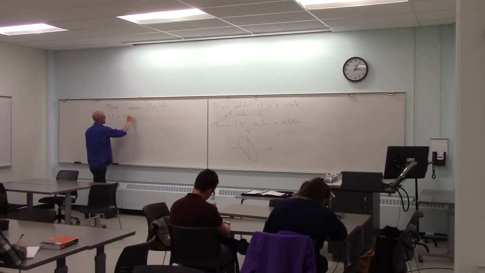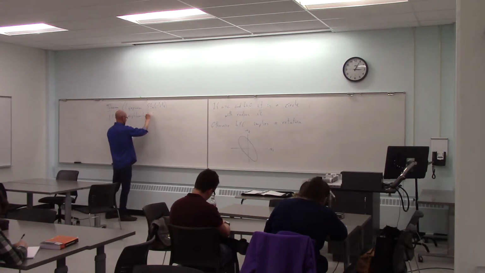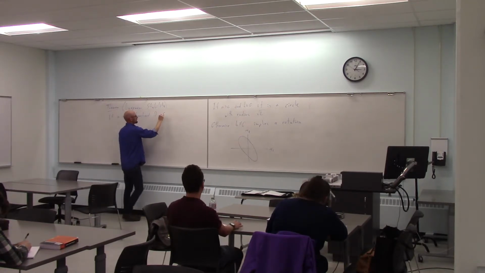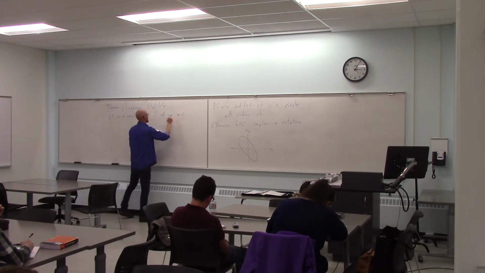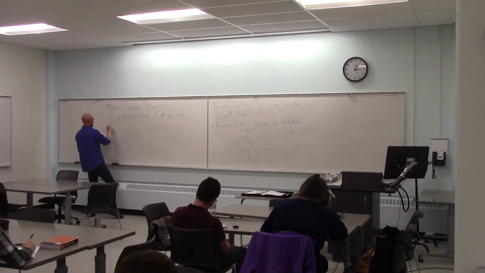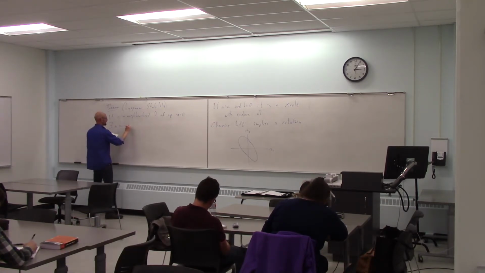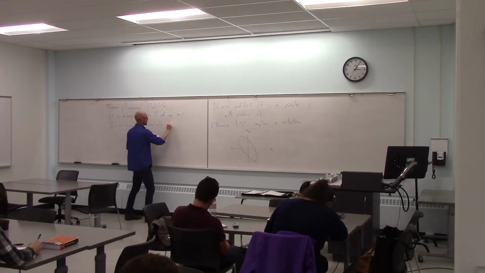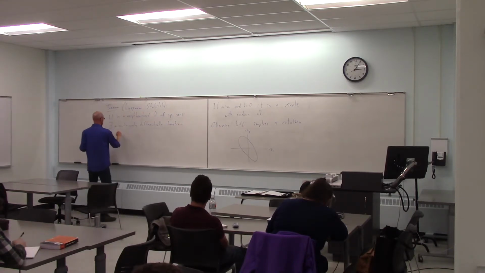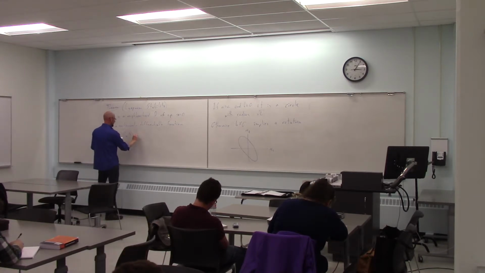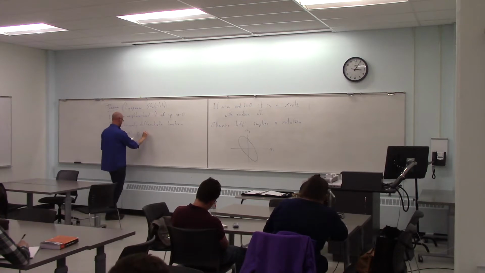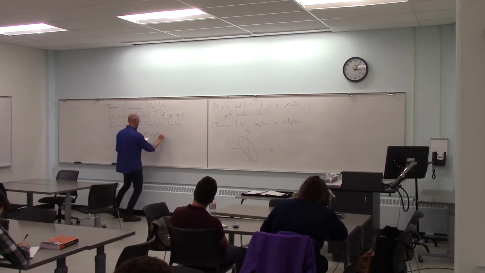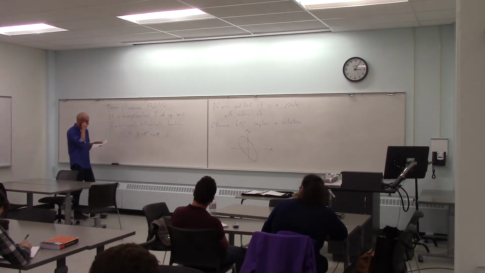If in the neighborhood D of equilibrium point x equals 0, there exists a continuously differentiable function V of x and t that maps D and positive real numbers for t into real numbers.